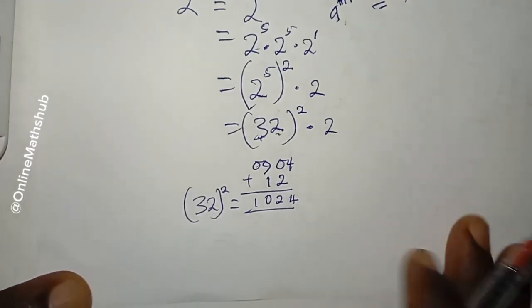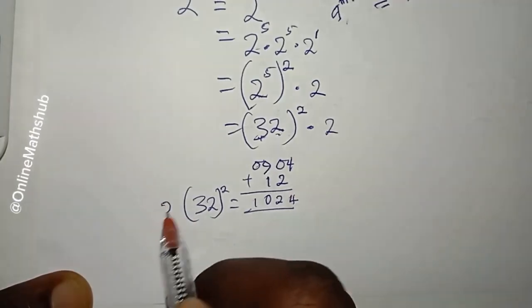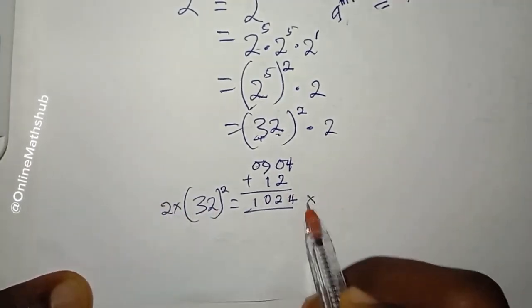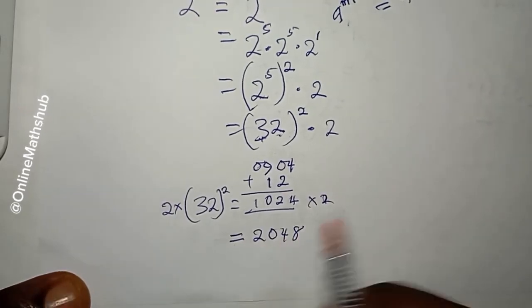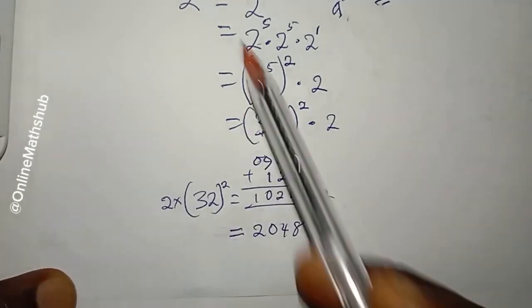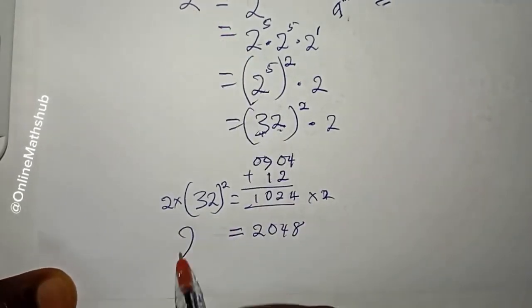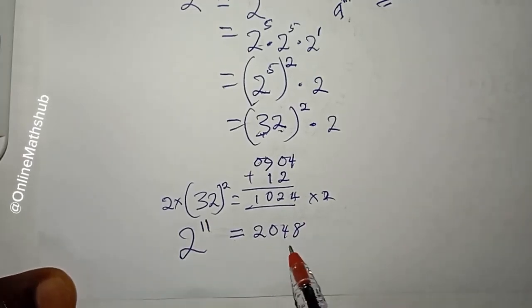1024. Okay, so if we now use 2 to multiply it, we're going to have 2048. So now that we've gotten 2 power 11, this 2 power 11 here is equal to 2048.